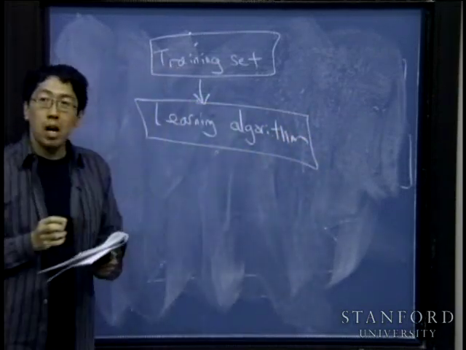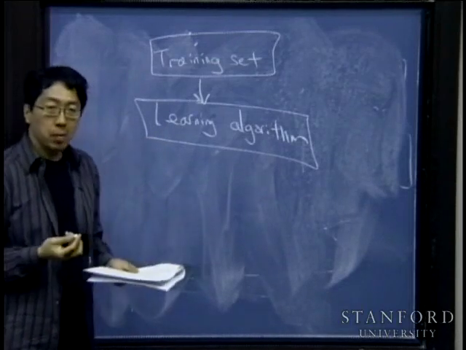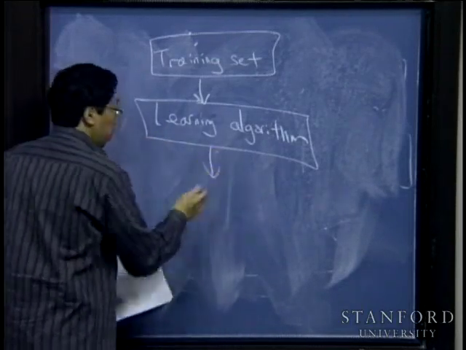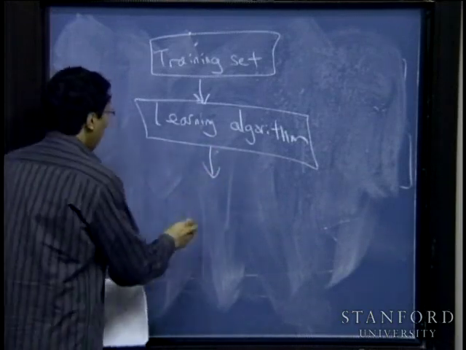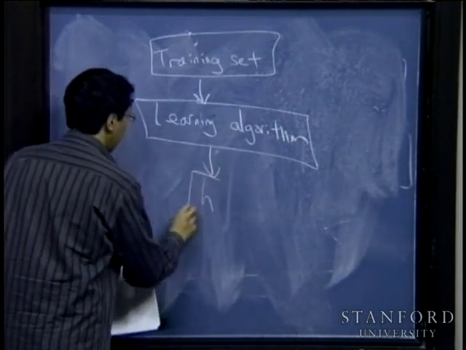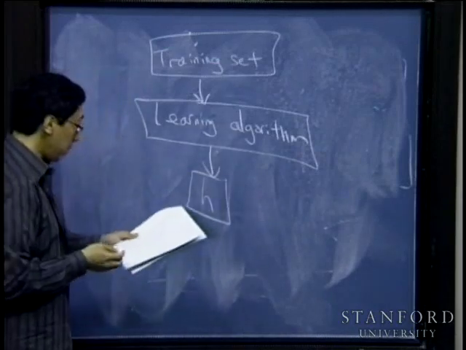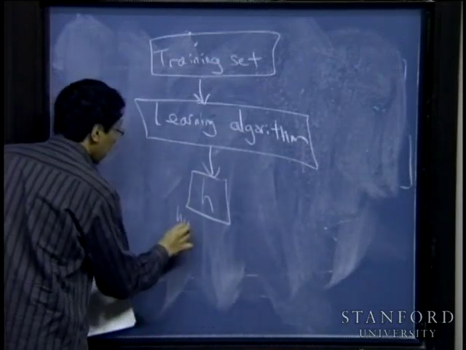Our algorithm then has to output a function that, by tradition and for historical reasons, is usually denoted lowercase h and is called a hypothesis.